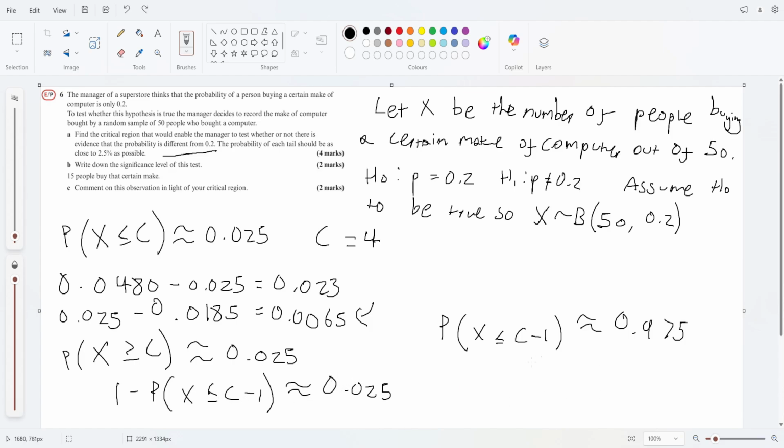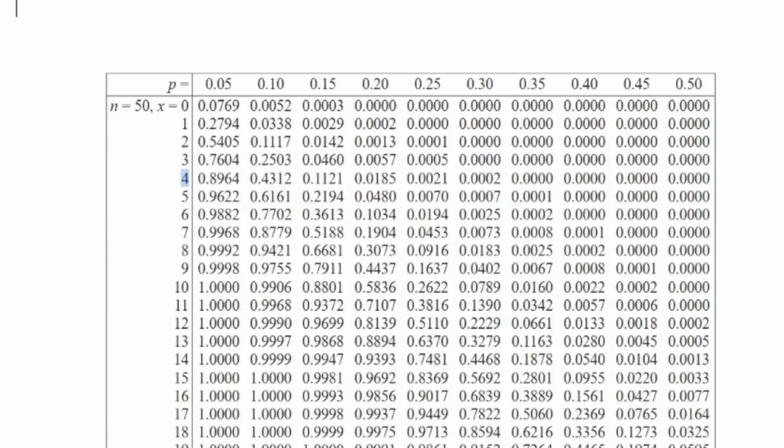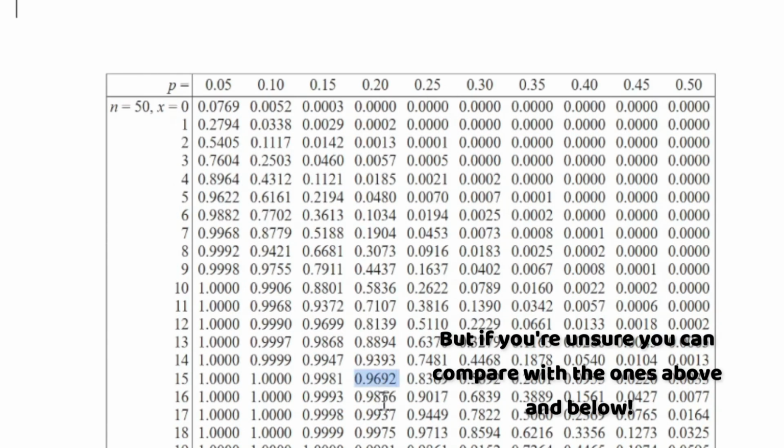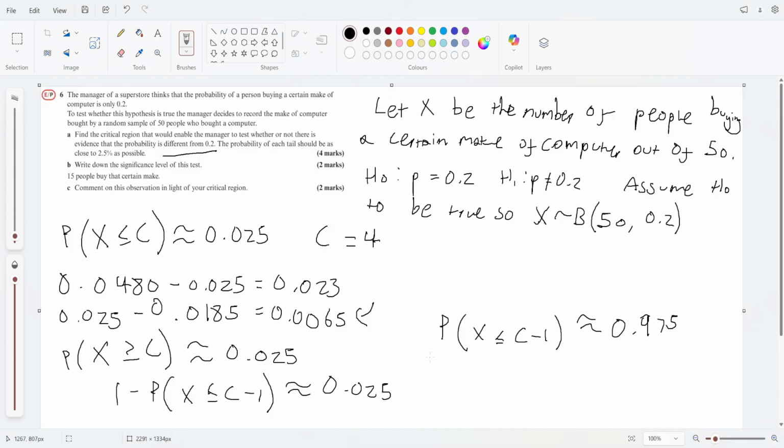But anyways, now that we have this distribution here, we can go back to our table and find the closest thing that is equal to 0.975, which should be this here. I can tell just from looking at it that it's this one, so no need to work it out. So then that would mean that the c minus 1 value is equal to 15, because it was 15 on the table, right?